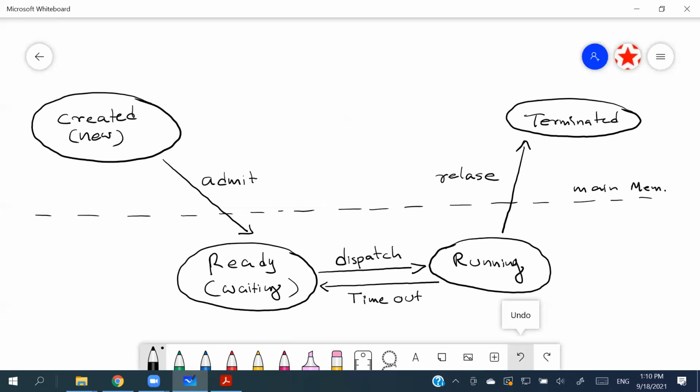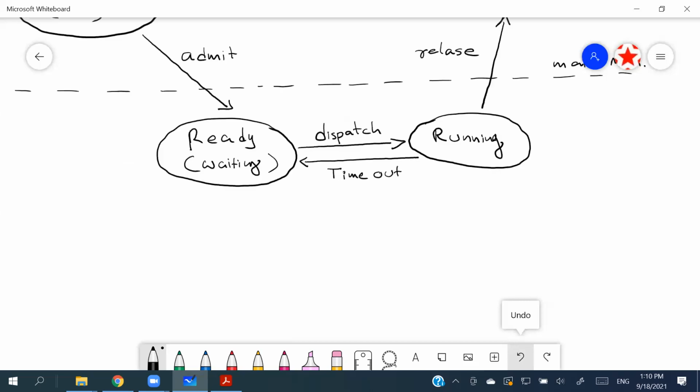But in a modern computer, a process is not always running by itself, meaning without the help of anything else. It will always take help from many different things, specifically from input and output devices.